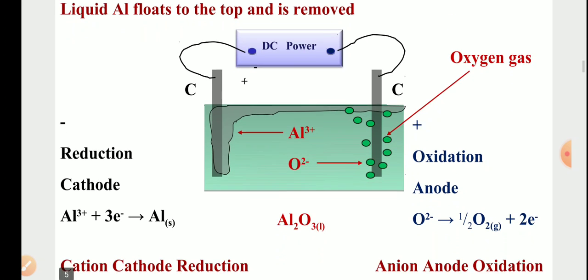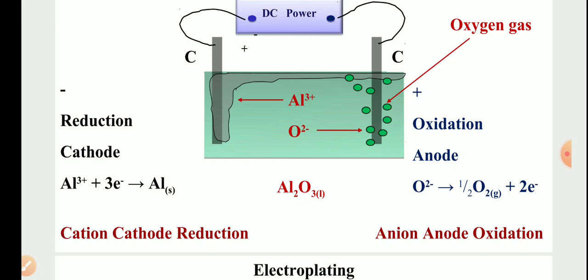So the cathode will get aluminium as a pure element, that is 100% pure. Student, again I am saying that the element obtained in the electrolysis is 100% pure.